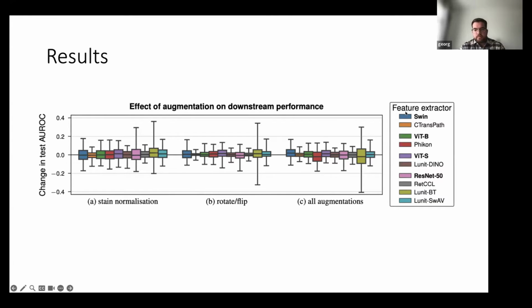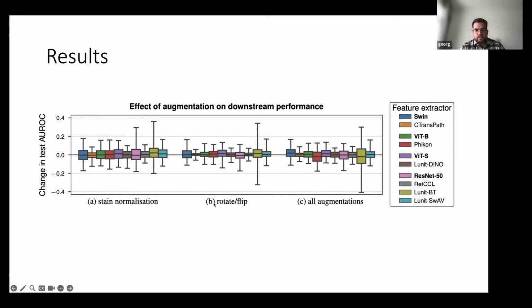And this is by feature extractor. And basically for all of the feature extractors, you can't see a clear trend that stain normalization really improves performance. And especially for the 2 best performing feature extractors, so cTransPath and Lunit DINO, the box plot shows even smaller variances and also no clear improvement.